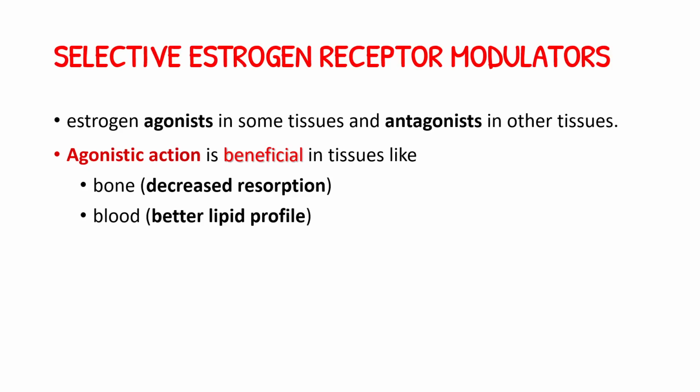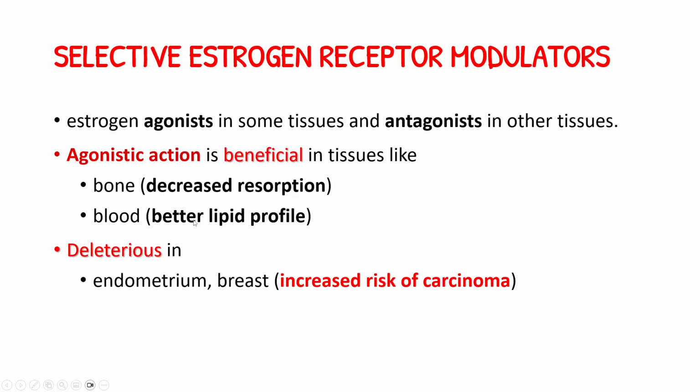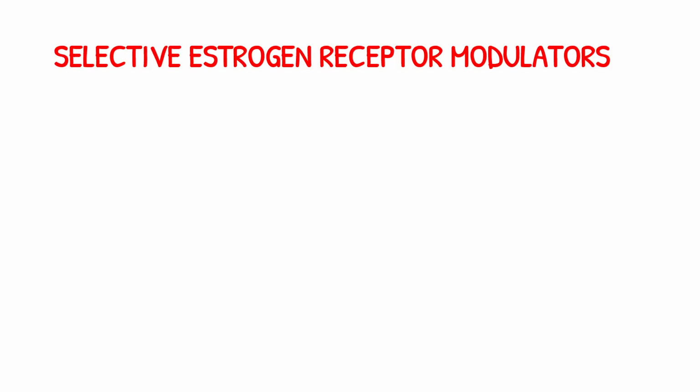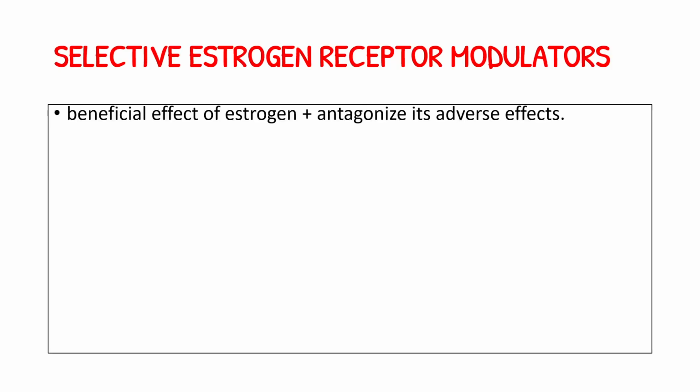It has agonistic activity on the blood, which helps in a better lipid profile, and it has deleterious effects on the endometrium as well as the breast, as it increases the risk of breast cancer as well as endometrial carcinomas. On the liver, it can predispose to thromboembolism.